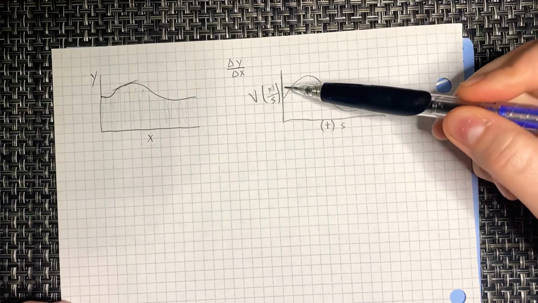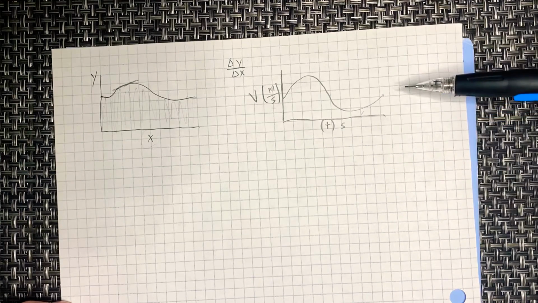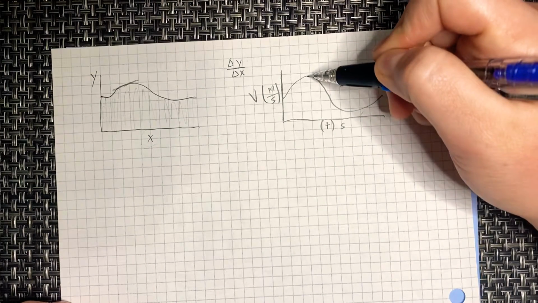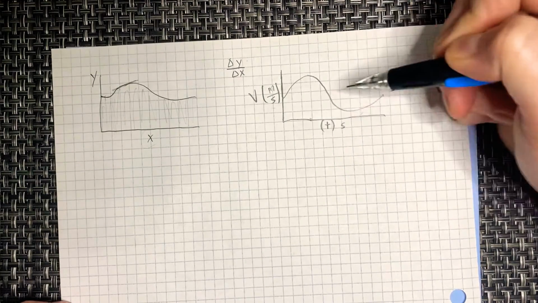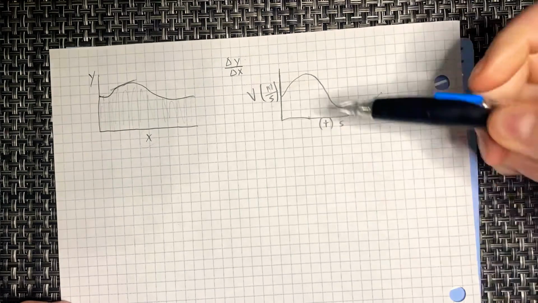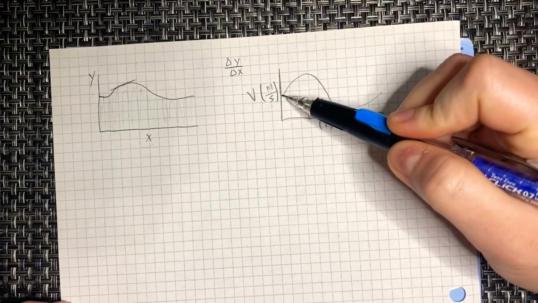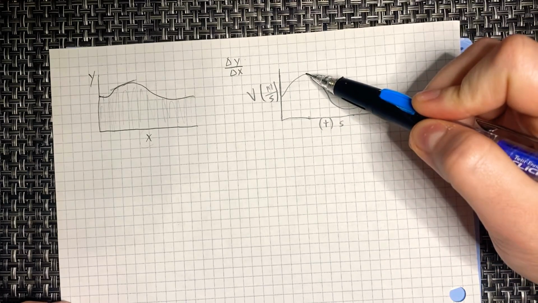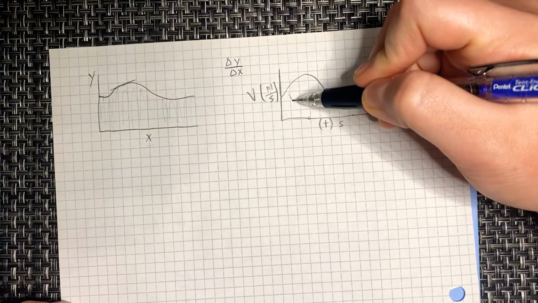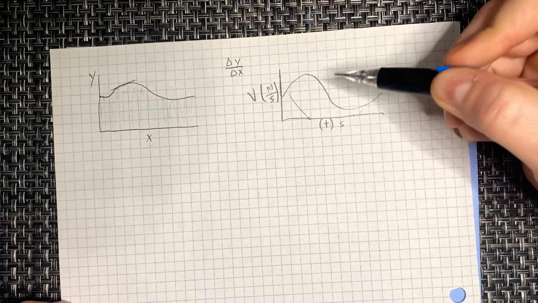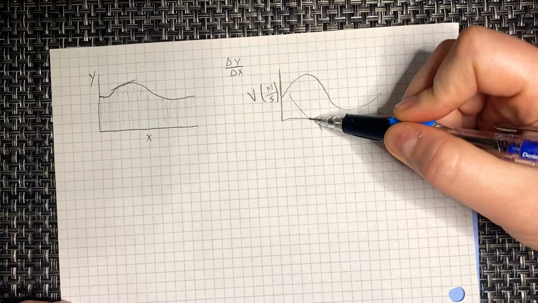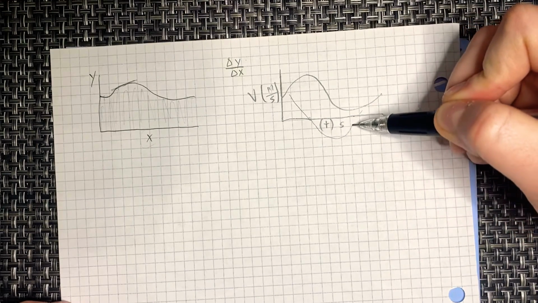If I found the slope of this function, and of course we can estimate it, this is going to be 0, and that's going to be a 0 point right there. Positive but decreasing slope, we estimate it, and this is going to become maximum negative slope, and then back up.